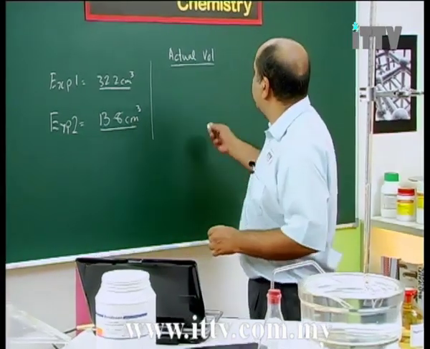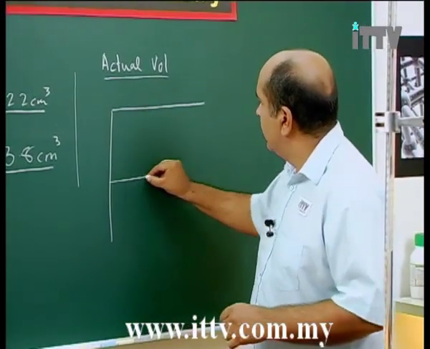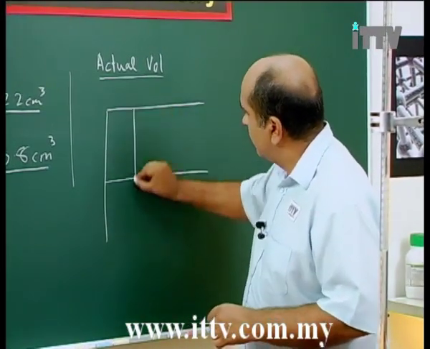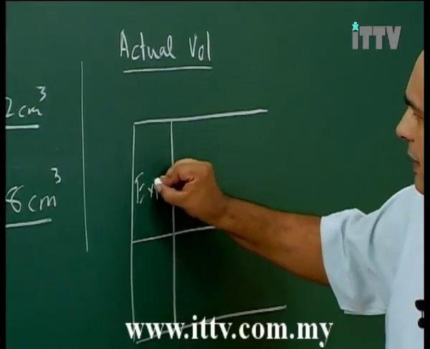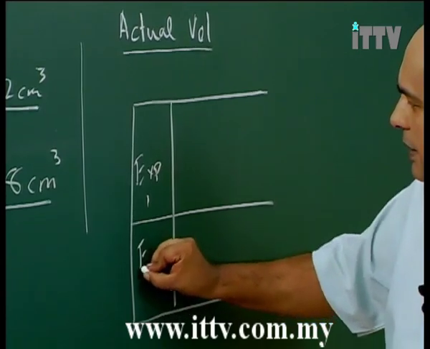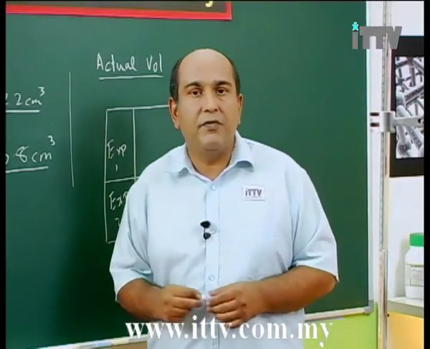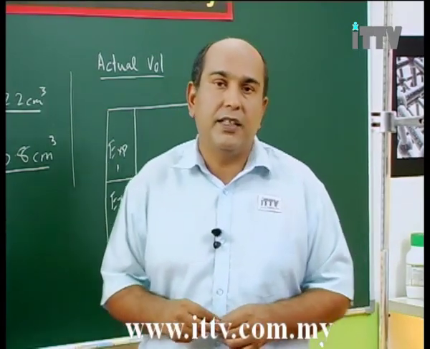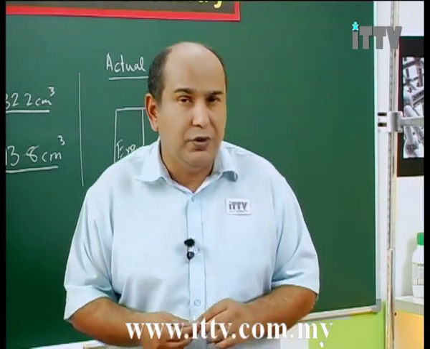So in our case, if we were to do our tabulation of data, this is experiment 1 and experiment 2. Our manipulated variable was the amount of calcium carbonate that we used, and we used the measurements of spoons.